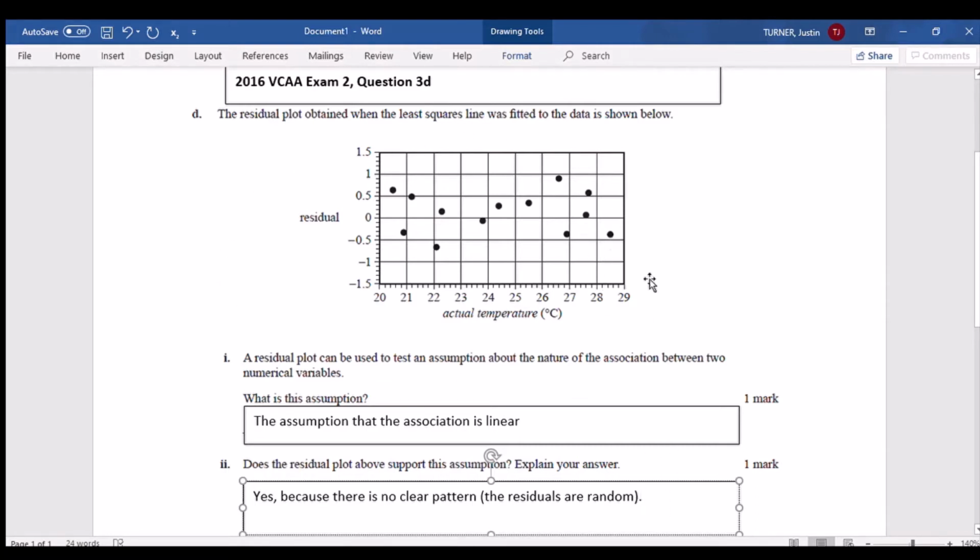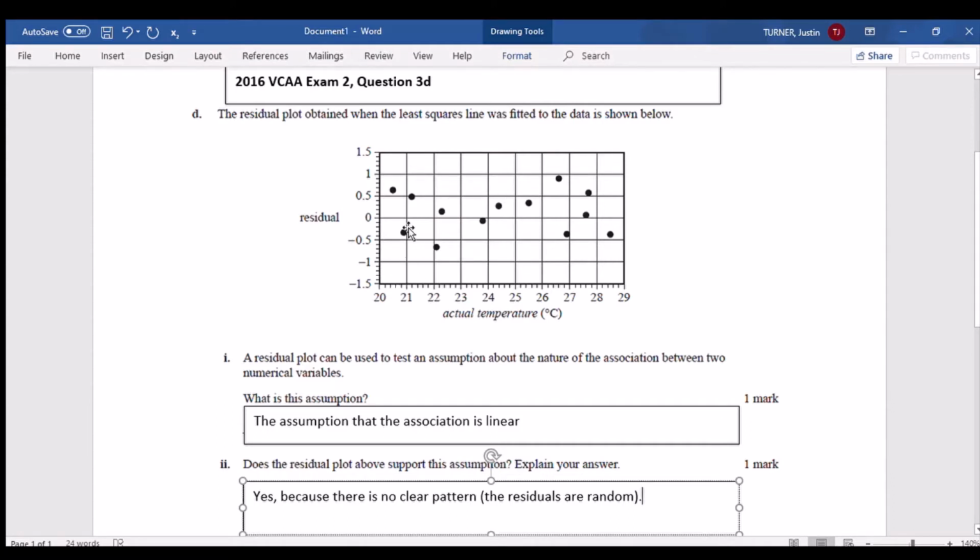The residual plot is used to test the assumption that the association between the two variables was linear to begin with. And we know if this assumption is appropriate if the residual plot has no clear pattern. Sometimes you may see a residual plot where the residuals have a linear pattern. Maybe they're going upwards, maybe they're going downwards.